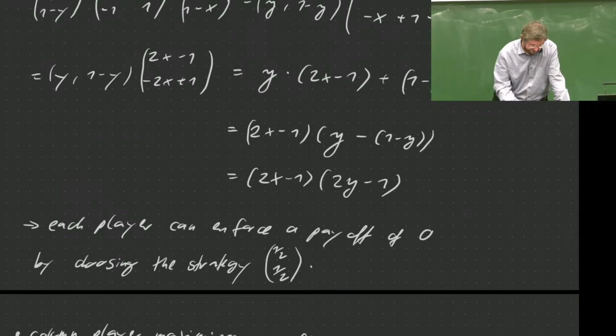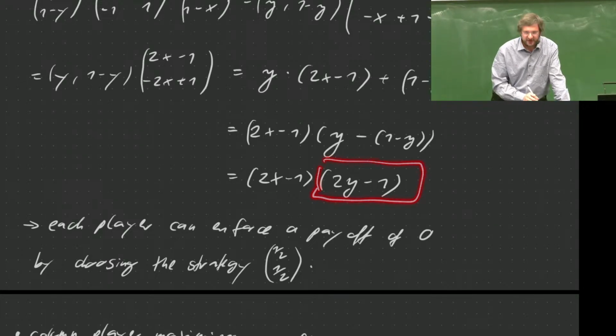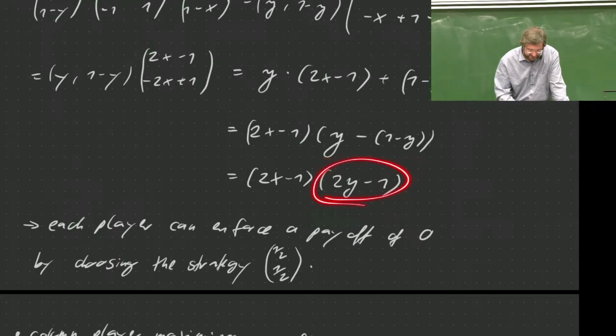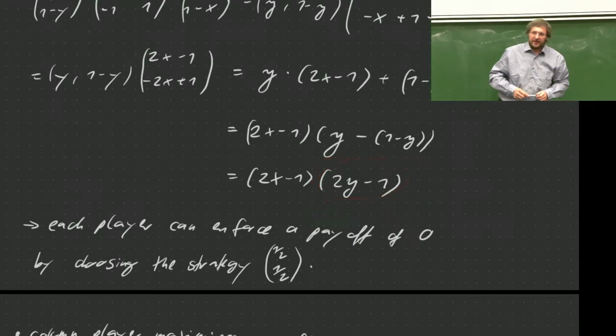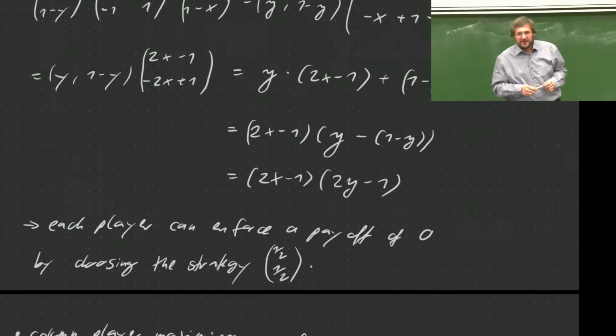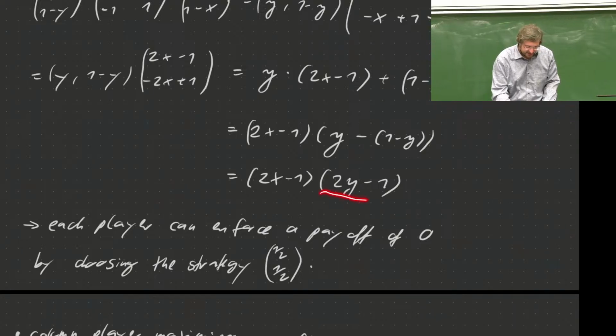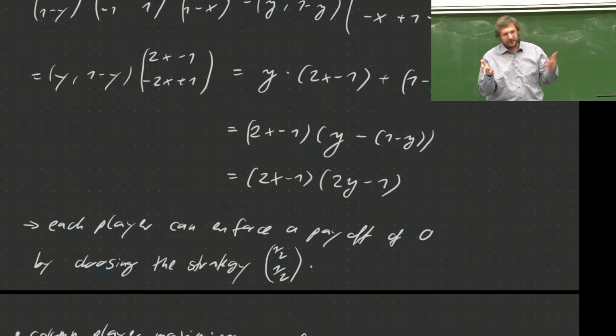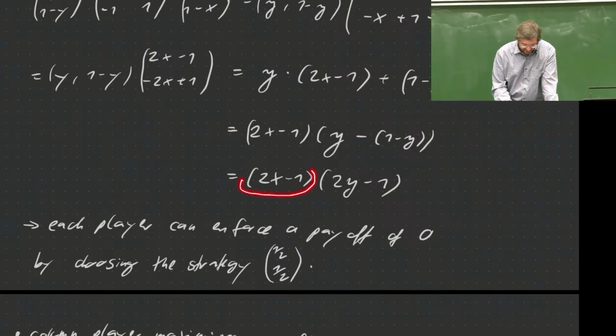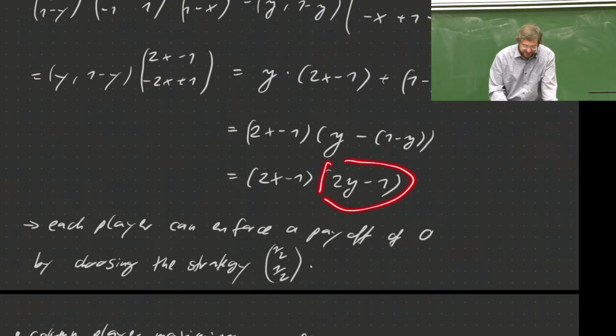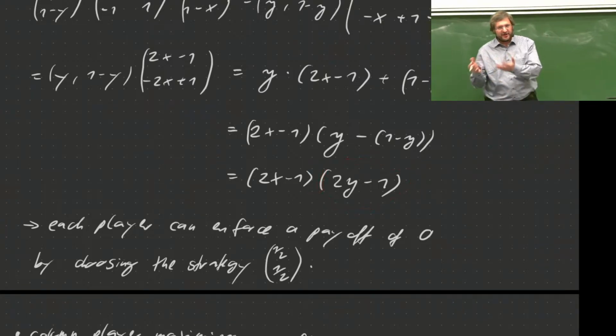If he does, however, the row player has the same expression here, right? So the row player can influence only this expression. And remember, the row player is interested in minimizing the expression. And again, he can choose to make this part of the expression 0, positive, or negative. So if he knows that the column player makes his part of the expression positive, he will react by making this negative and winning something.